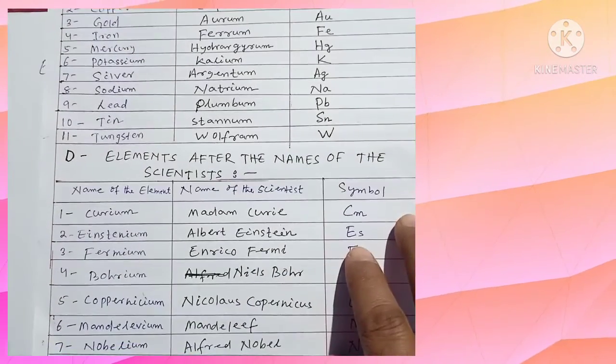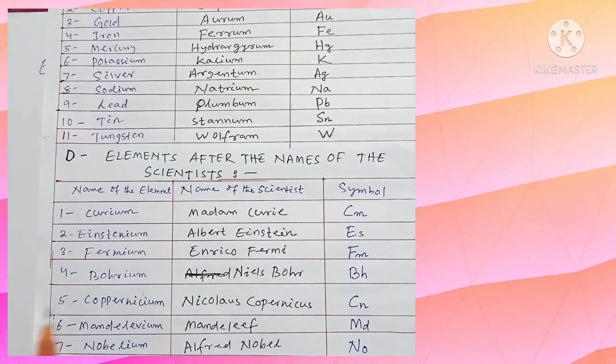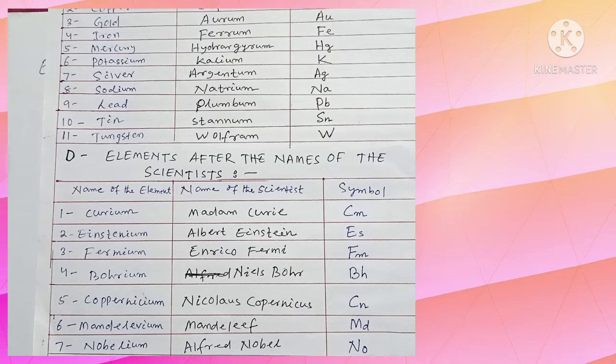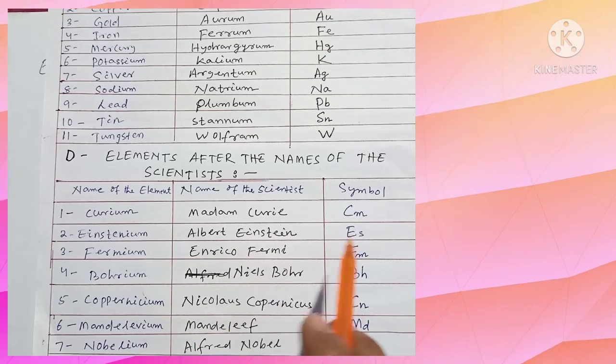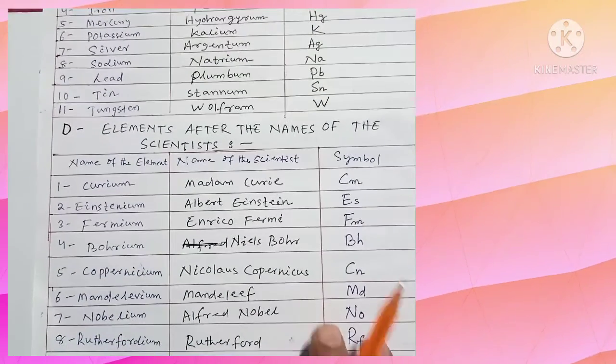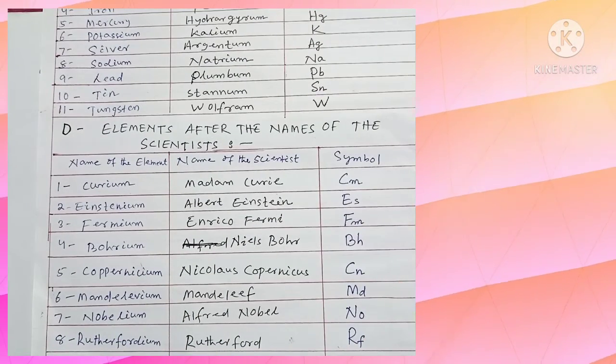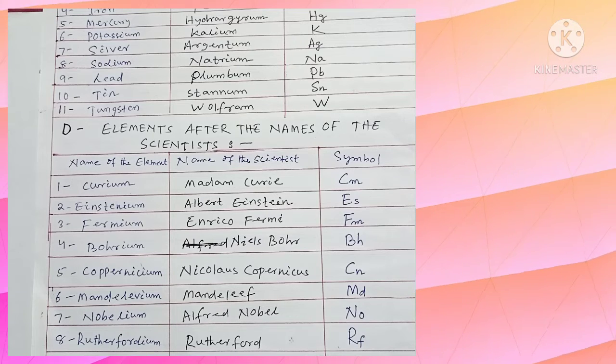Next, elements named after prominent scientists. In respect of them, they are given symbols like this. For example, curium, in respect of Madame Curie, the symbol is Cm. Einsteinium, in respect of Albert Einstein, Es.